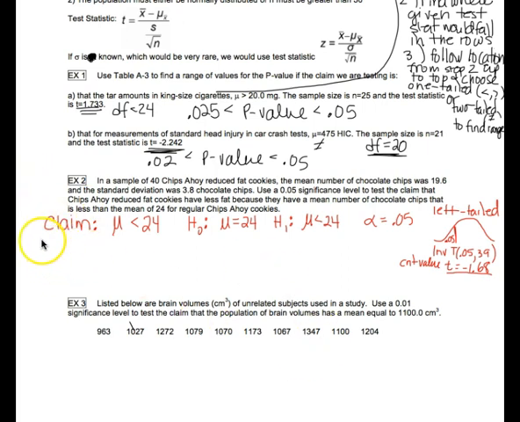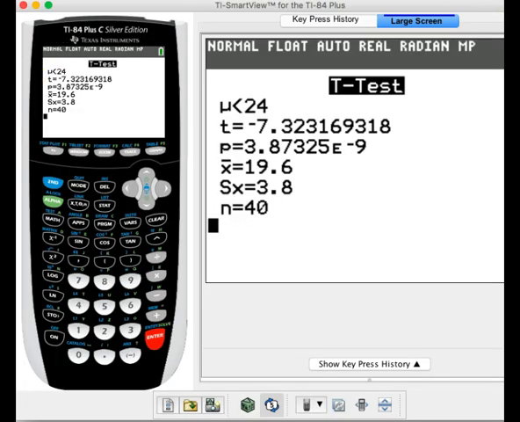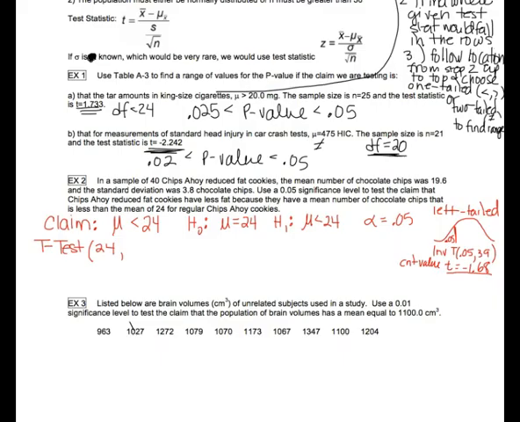So I'm going to write out what our calculator work was. So we went to t-test and we entered our 24, and then I forget what order it was in. I think that the next thing we entered was the mean, then the standard deviation, and then the n, I believe, and then we chose the less than.